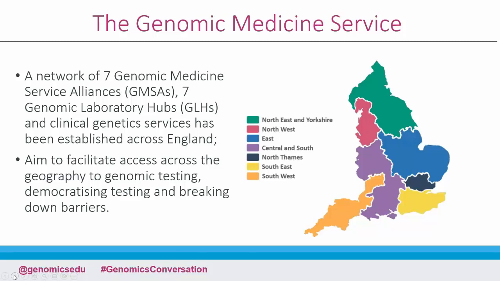And then each one of those GMSAs and GLHs has between 2 and 3 clinical genetics services affiliated to them. So we have 17 clinical genetics services within England. And the aim of this newly established genomic medicine service is to facilitate access to genomic testing, really democratising testing and ensuring that everyone is able to access genomic testing to really benefit their diagnosis and their management.